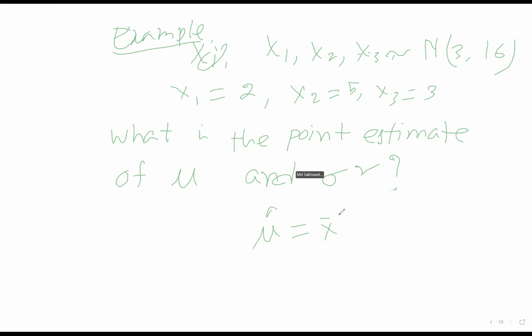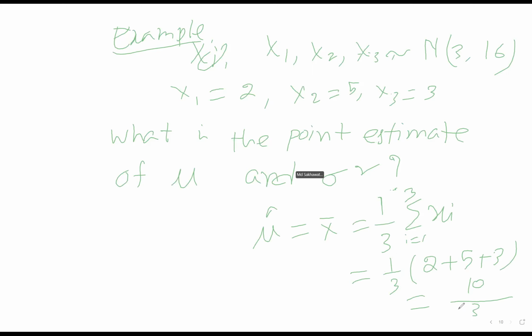Mu hat is X bar, and X bar is 1 over n, and here n is 3 because we have only 3 numbers. So 1 over 3 summation of i from 1 to 3 of xi. That means 1 over 3 times (2 plus 5 plus 3), which is 10 over 3.